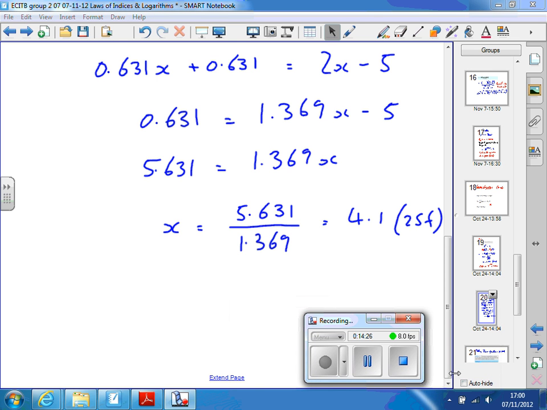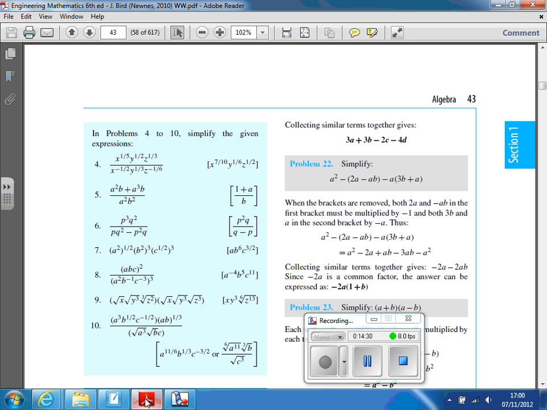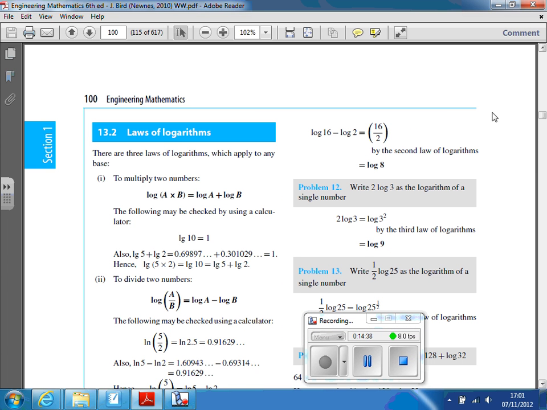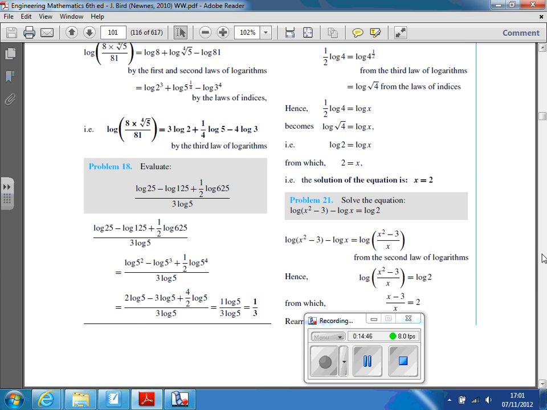Okay, so look now in the textbook, page 100-ish, Laws of Logarithms. I want to move ahead in here. Although it's interesting in its own right to play around with these logarithms, I don't want to look at this particularly.